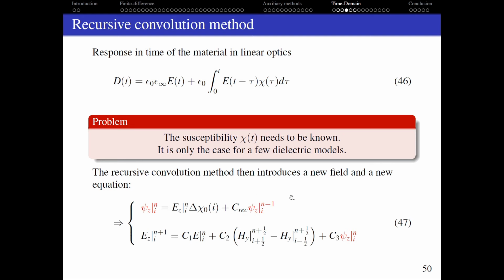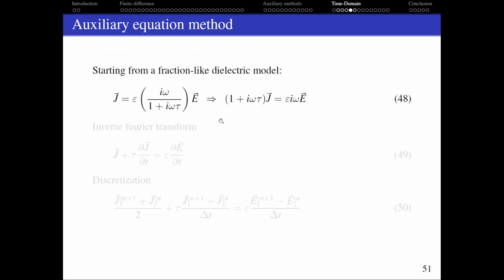So this is one algorithm that works in this case. This is not the only one. For instance, there is another method that is called the auxiliary equation method. So let's say we have a dielectric model for our material that looks like this. In this case, we are going to use the current density to relate the current density to the E field. So let's say we have this in the frequency domain.